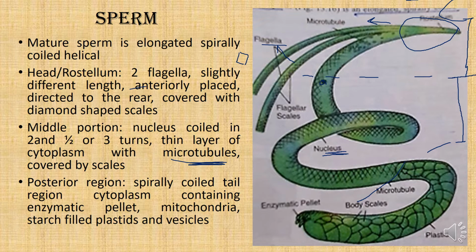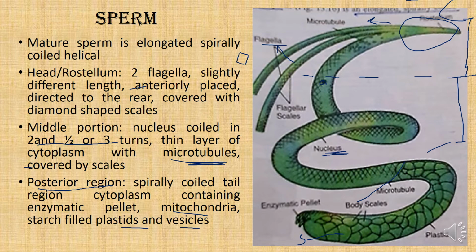The nucleus also takes 2.5 to 3 turns, as the number of turns present in the sperm. And then we have the posterior portion, and the posterior portion is also coiled and covered by scale like structures. These are the diamond shaped scales that cover the entire body of the sperm. In this posterior portion, other types of organelles are present, for example mitochondria, vesicles, and plastids.